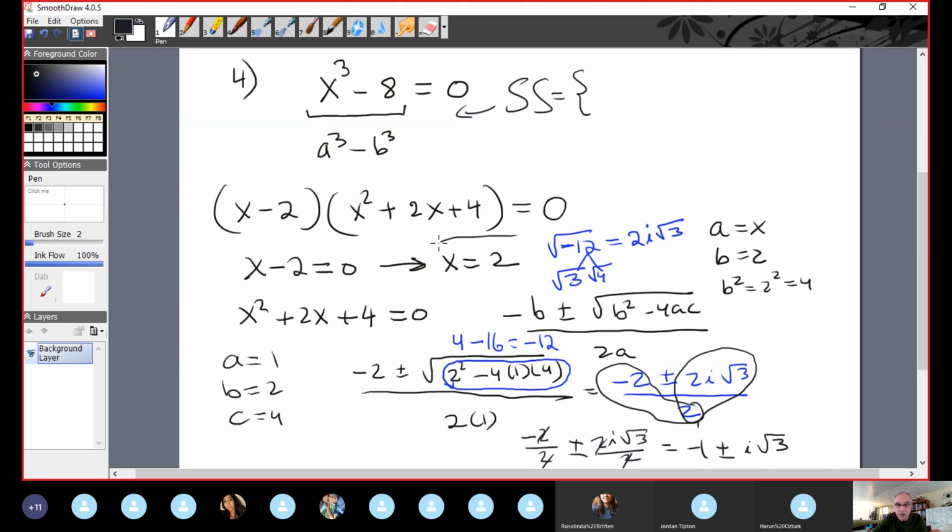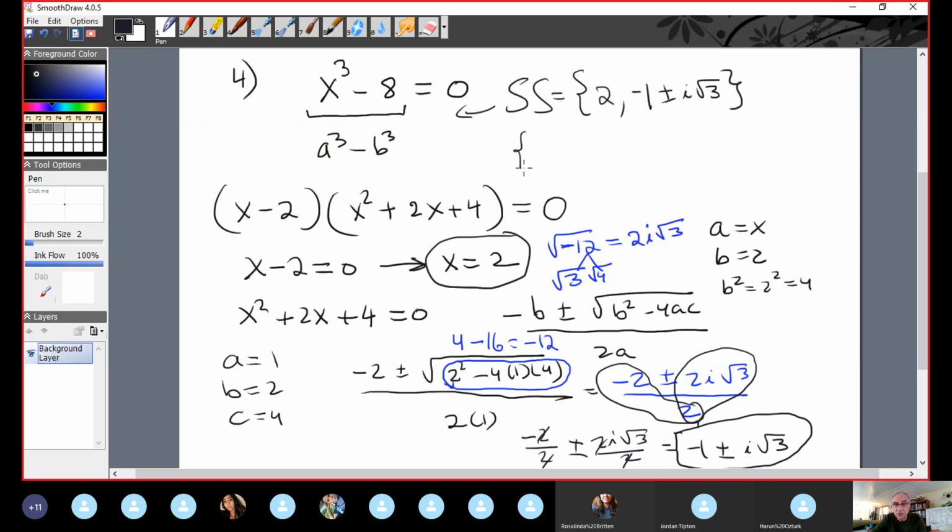well, we discovered here one real solution, 2. And you separate by comma. And we have two complex solutions, and the complex ones are these. They contain a real part of negative 1 and an imaginary part of plus or minus i radical 3. So actually, this is two complex numbers. By the way, they are conjugates. So you can write it in shortcut: negative 1 plus or minus i radical 3.